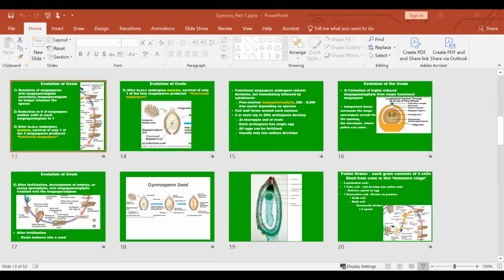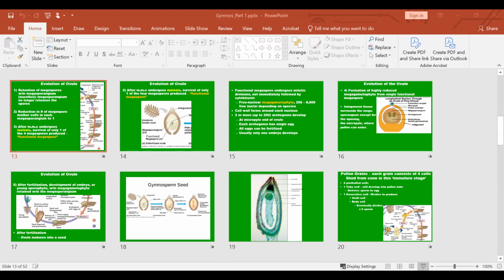So this image is showing that you have a functional megaspore still tucked away inside the megasporangium, further protected by the integument. So that's like the ovule, that whole thing. Say, oh, look at that ovule.